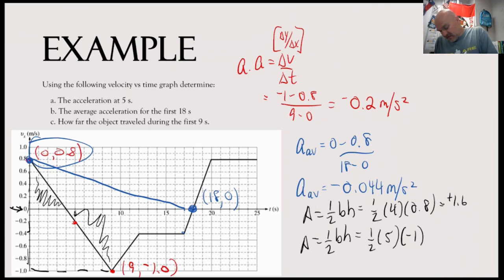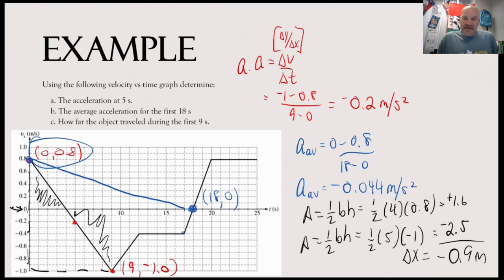That's going to be positive 1.6 meters. And then I'm going to have 0.5 times 5 times -1. And that's going to be negative 2.5. Now it's 2 triangles, so I add them together. And I find that during this time interval, it has a displacement of negative 0.9 meters.